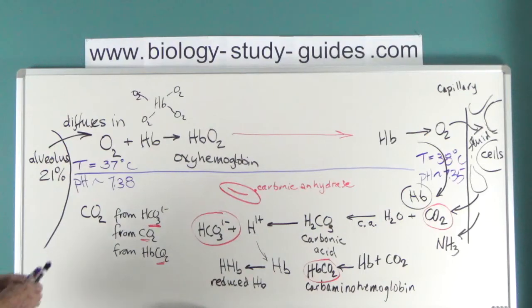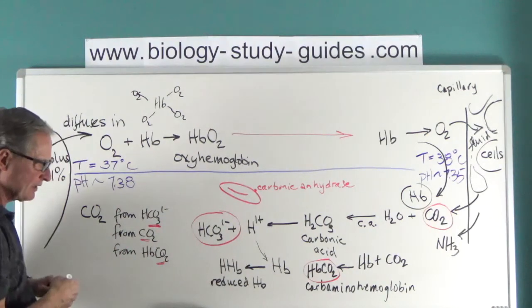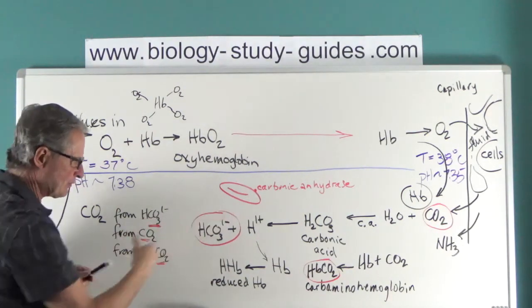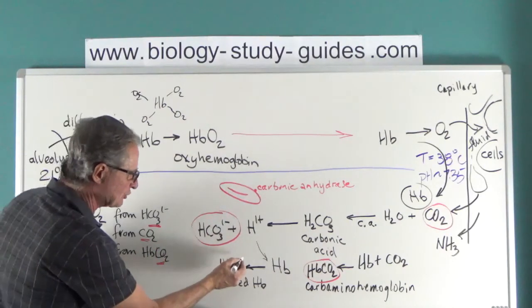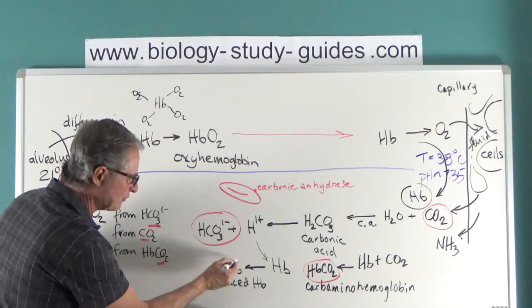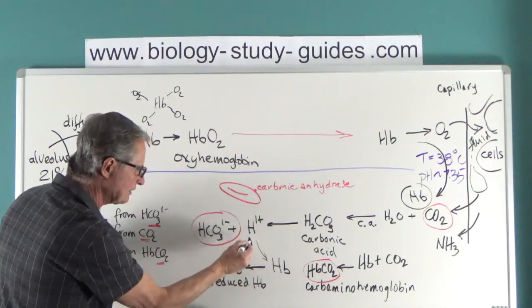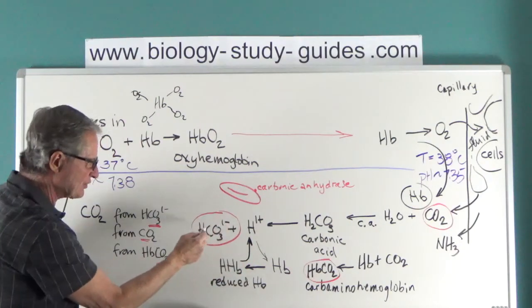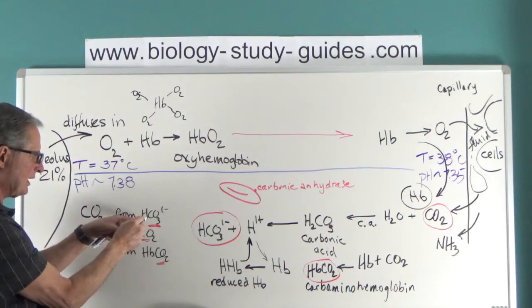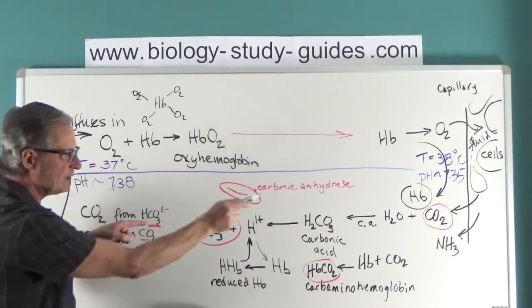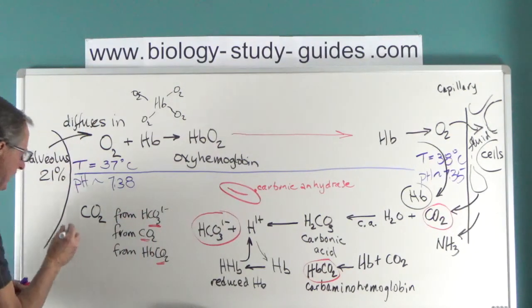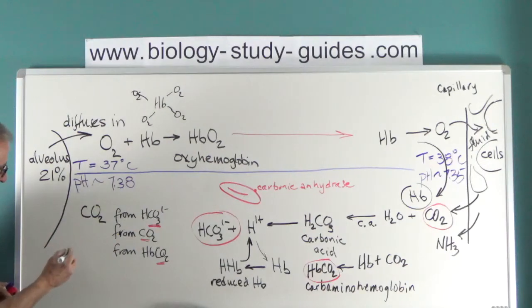We should mention something about the reduced hemoglobin. In order for this reaction to reverse, this reaction must also reverse. So reduced hemoglobin will release its hydrogen, and that hydrogen combines with the remaining part of this molecule to make water. And of course water can diffuse out.